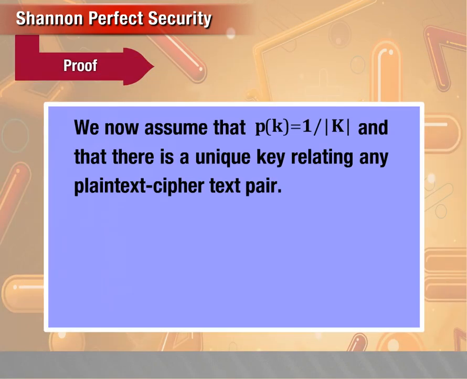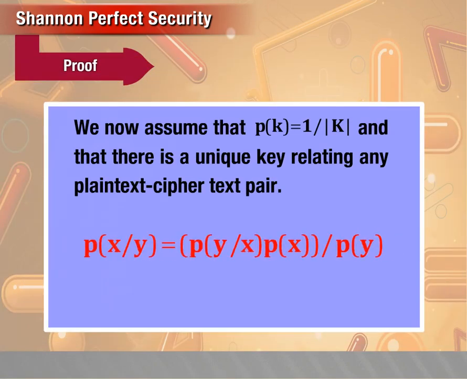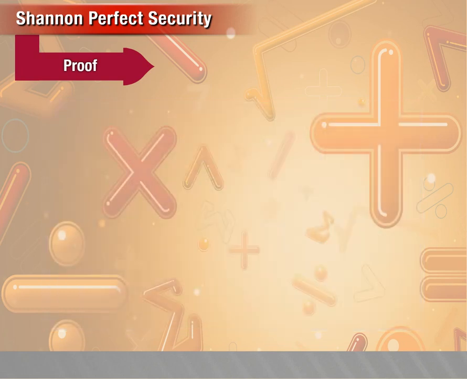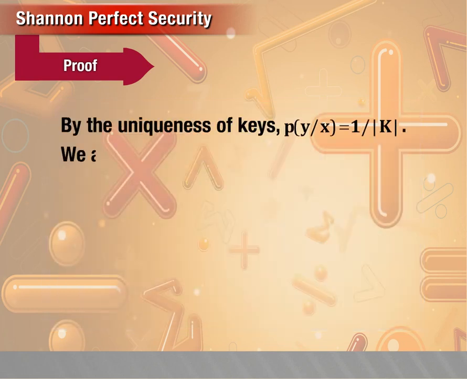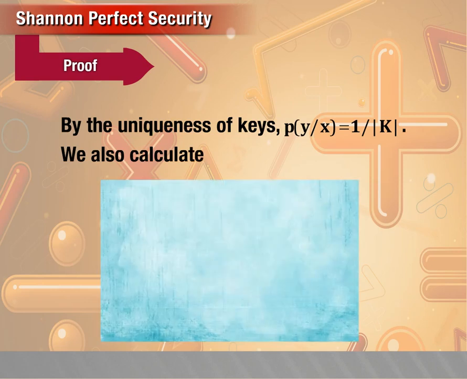We now assume that P of k is equal to 1 by modulus of k and that there is a unique key relating any plaintext ciphertext pair. P of x given y is equal to P of y given x into P of x, the whole divided by P of y. By the uniqueness of keys, P of y given x is equal to 1 by modulus of k.